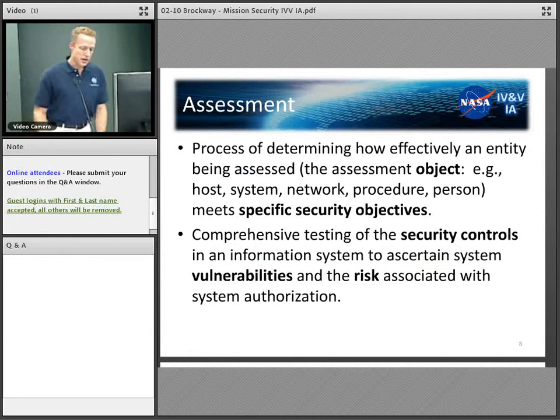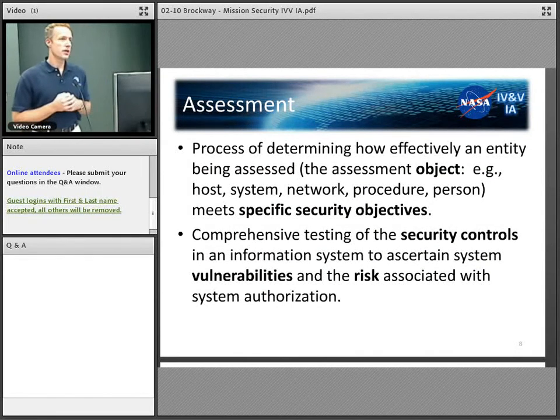So again, looking at it as not being a paperwork exercise: depending on the agencies and their implementation of FISMA, there's certification and accreditation, C&A, or assessment and authorization. Some may still view that as a paperwork exercise, and indeed it's not, and it's not intended to be, because you're looking at the entity or the asset that needs to be protected.